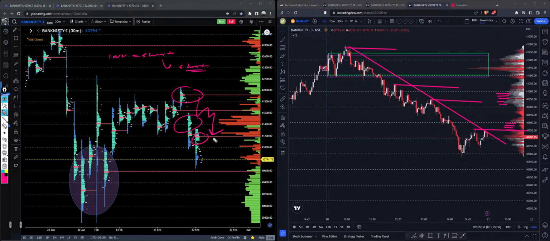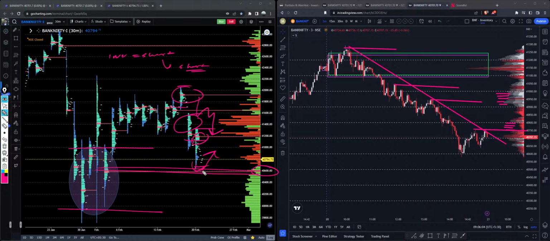If I see the extension or the range, yes, it has extended, but the reason why I'm seeing inventory short to too short is because we reached this lower balance. There was a cost basis somewhere around here, 4600, where it got tagged, and we saw a reversal.